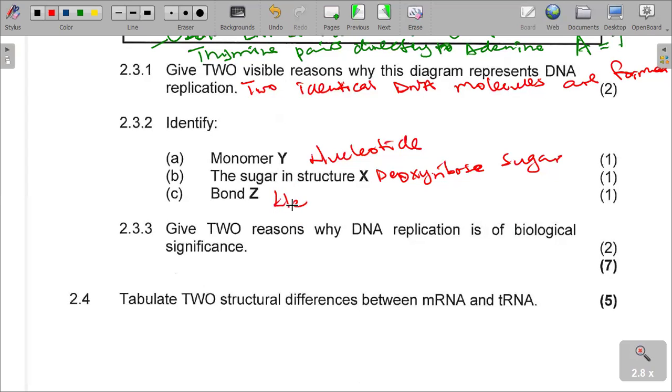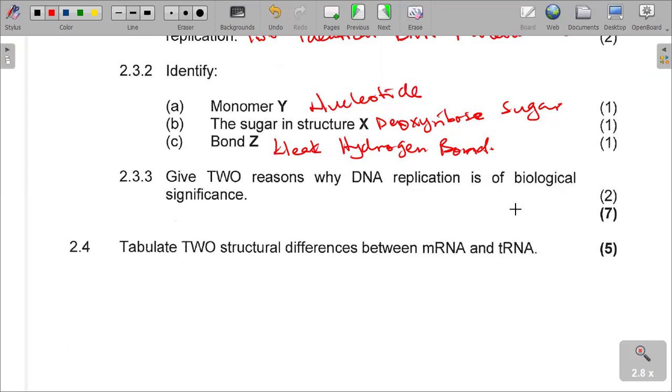As weak hydrogen bond. Weak hydrogen bond class. This is a weak hydrogen bond that is given there. Please take note of that.